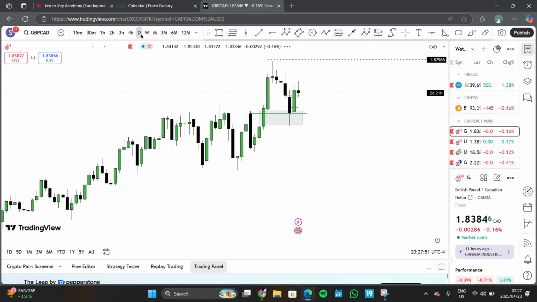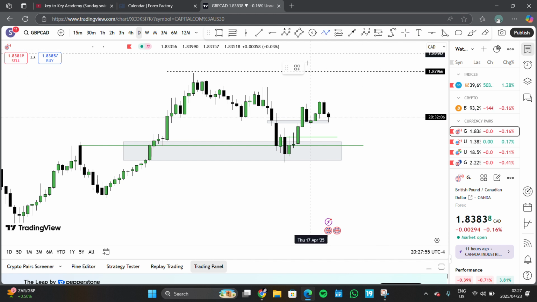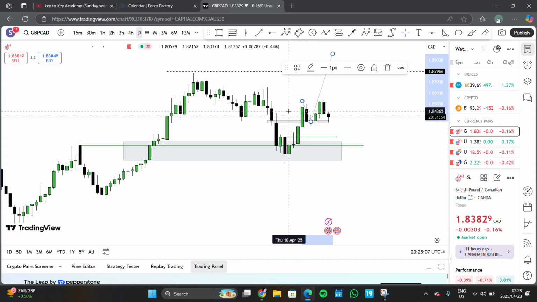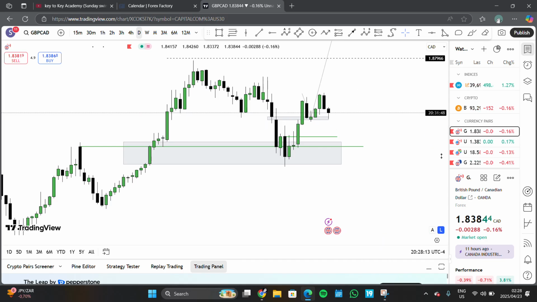Then GBP CAD, also same thing. Remember we were waiting for a retest or a retracement into this order block for us to buy. Price didn't do that. Instead, it seems like it respected this inverse volume imbalance that is there and pushed up, which is fine.